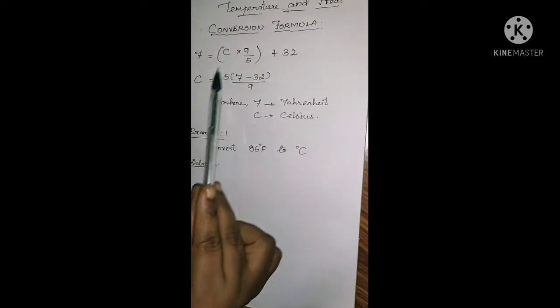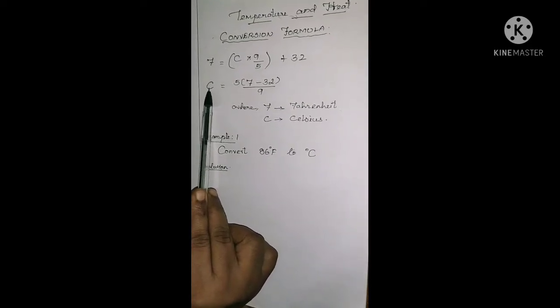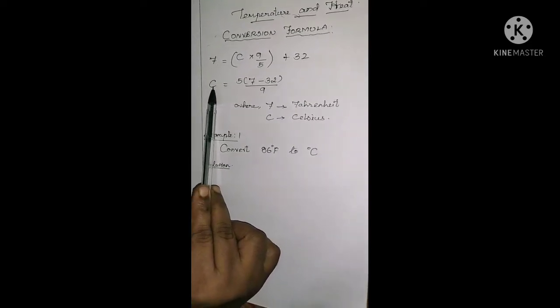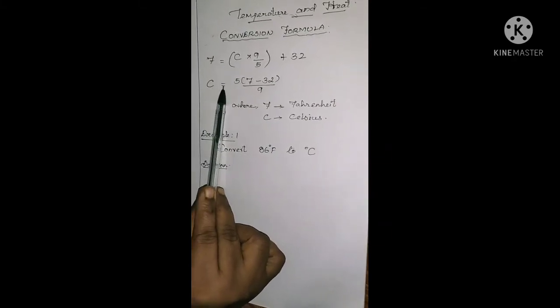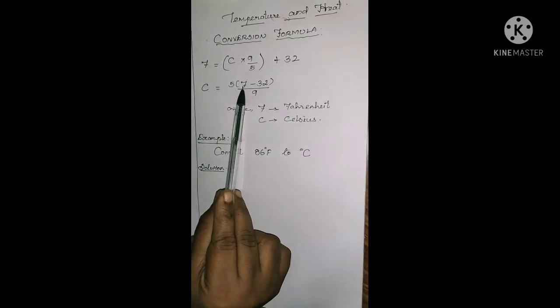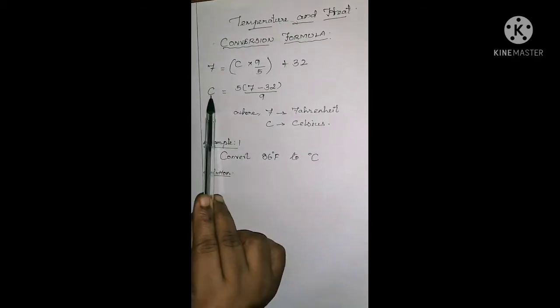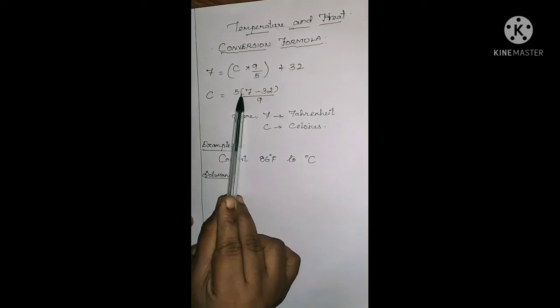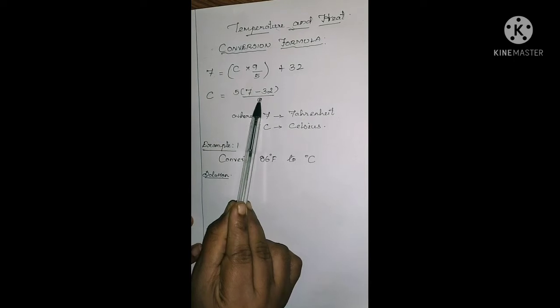Next, if they are asking to convert from Fahrenheit scale to Celsius, C is equal to, C means Celsius, C is equal to 5 into (F minus 32) by 9.